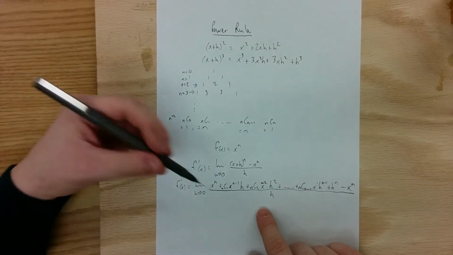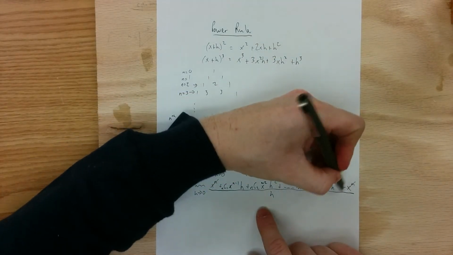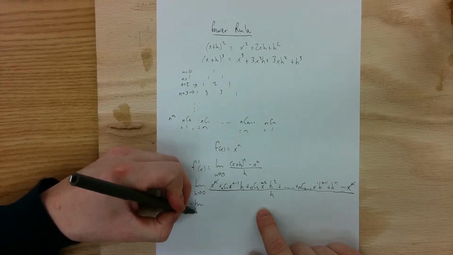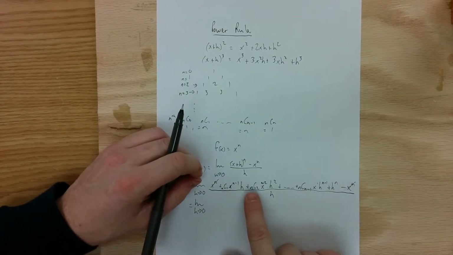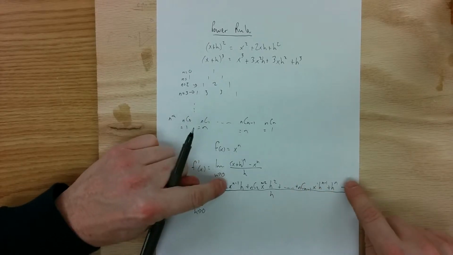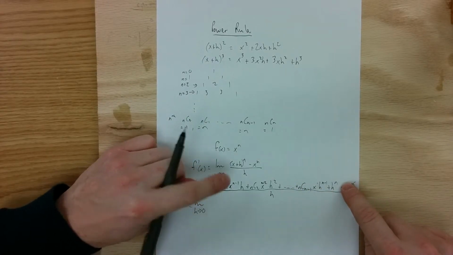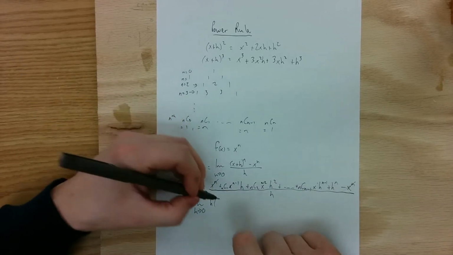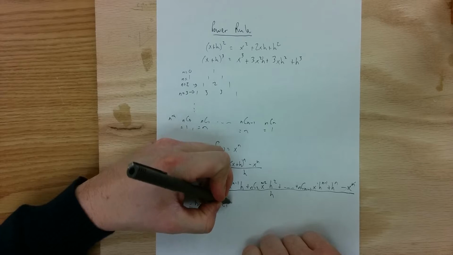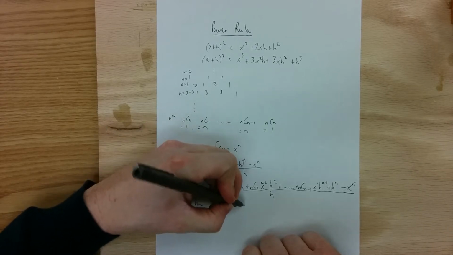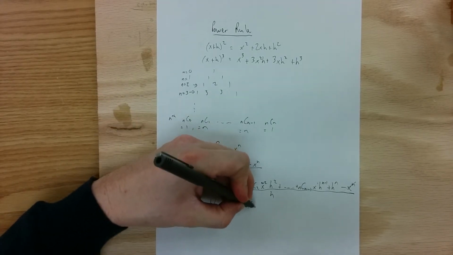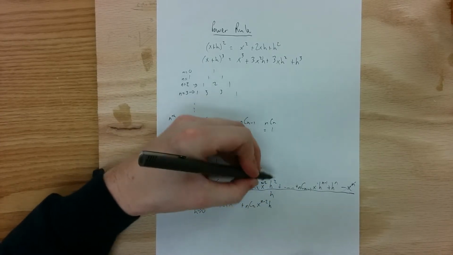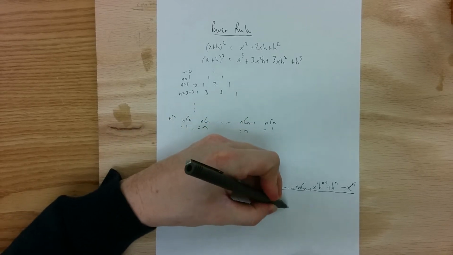Now, we can do one thing right off the top: we have an x to the n and an x to the n that cancel there, so those go away. Now, limit as h goes to 0. Every one of these terms that is left has an h in it, so we're going to factor that h. When we factor that h, we're going to have n choose 1 times x to the n minus 1, plus the next term, n choose 2 times x to the n minus 2 times h to the 1, because we factored one of those h's out, plus, and so on.